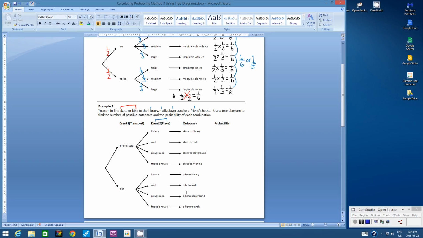So the next four outcomes, I've got them here. Now we're going to bike to the library, bike to the mall, bike to the playground, or bike to friends. Did you get all of those outcomes?